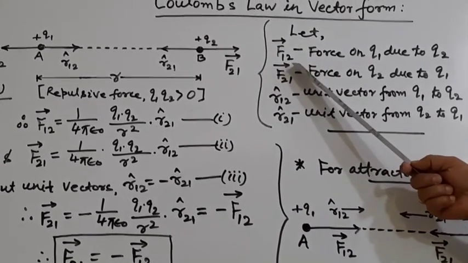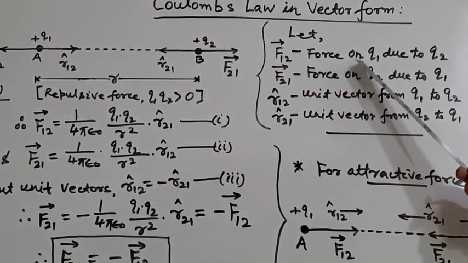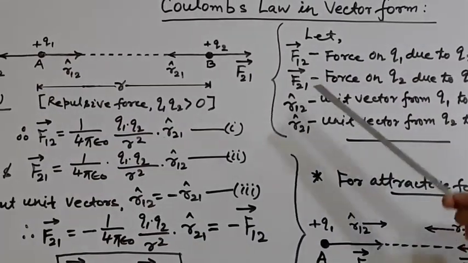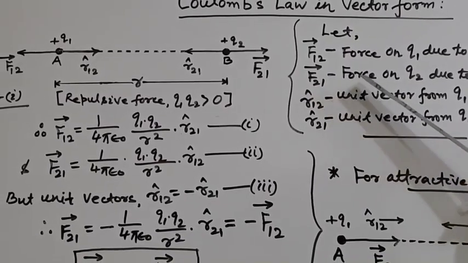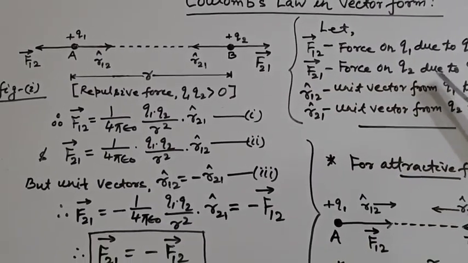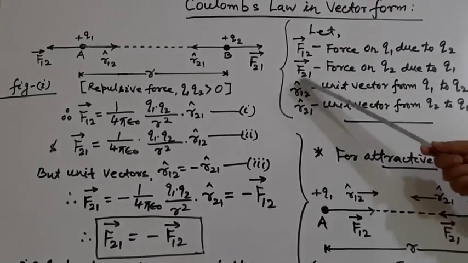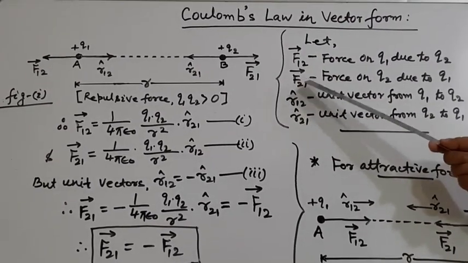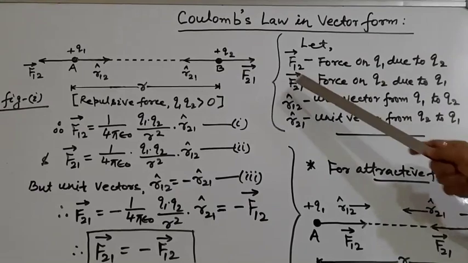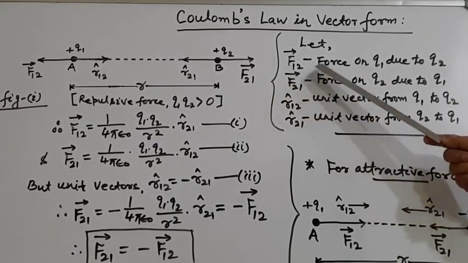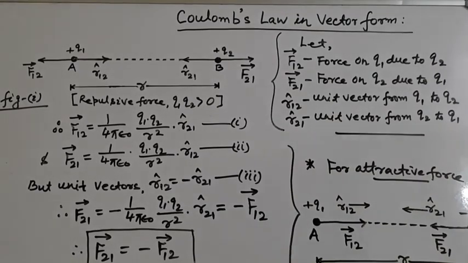Let F12 be the force on Q1 due to Q2, this side, force of repulsion. F21 is the force on Q2 due to Q1, this side, force of repulsion. Since force is a vector quantity, we have to show the direction of both the forces. That's why, to show the direction, I have taken two unit vectors.